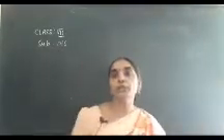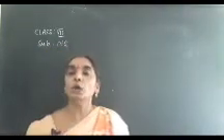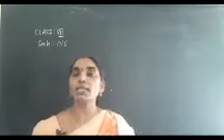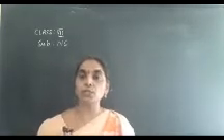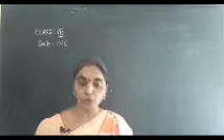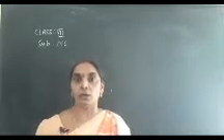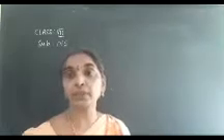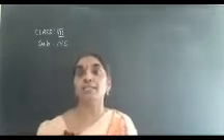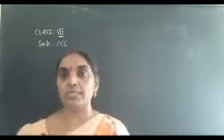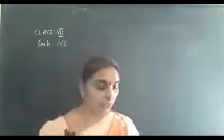What is heterotrophic nutrition? Heterotrophic nutrition is a mode of nutrition in which the organisms depend on dead and decayed organic matter. They depend on other plants and animals for their food. This is called the heterotrophic mode of nutrition.